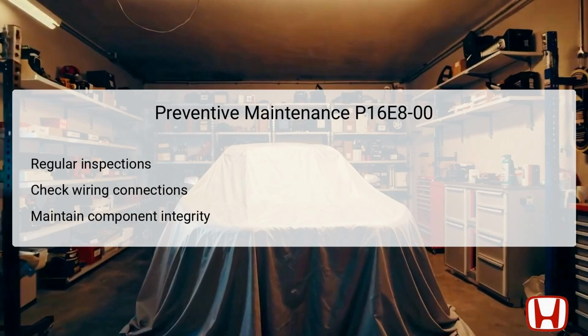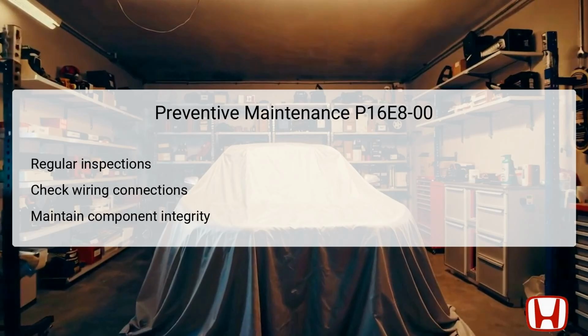Preventive maintenance is essential to mitigate future occurrences of DTC P16E8-00. Regular inspections should be carried out to ensure all electrical connections and components associated with the shutter grille and the PCM are in good condition. It is advisable to check wiring for frays, corrosion, or signs of wear that could affect performance.